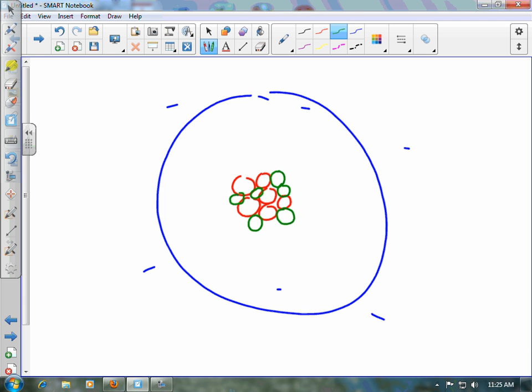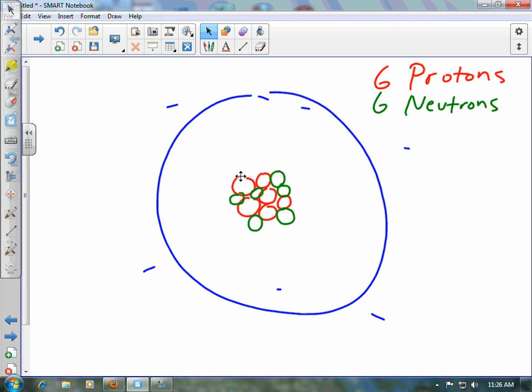And the interesting thing is, well, first of all, let's talk about this atom. It has 6 protons, and it has 6 neutrons.